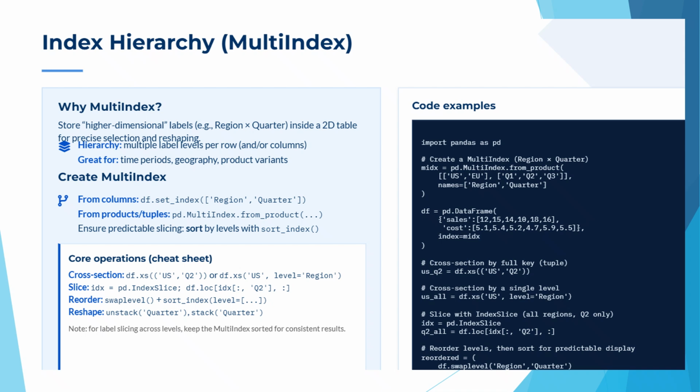Why multi-index? A multi-index in pandas is used to represent higher dimensional data within a two-dimensional table by introducing multiple levels of indexing for rows or columns. Instead of having a single label per row, a multi-index allows combining multiple labels such as region and quarter to form a hierarchical structure.